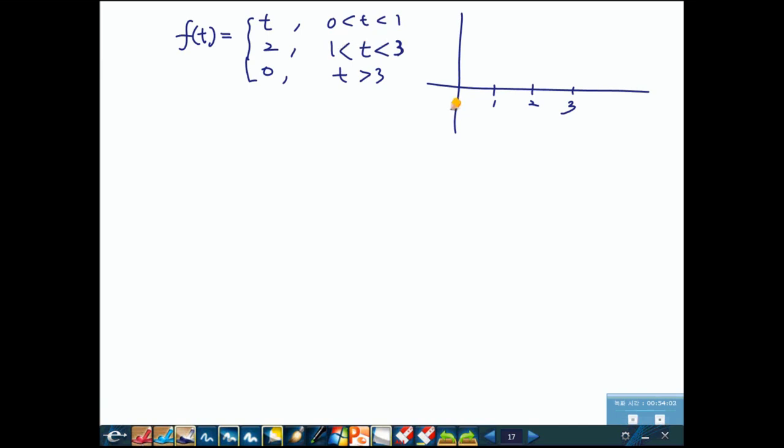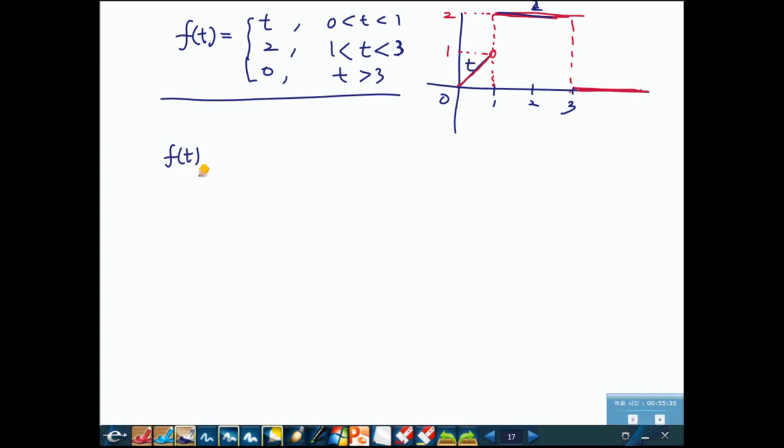So from 0 to 1, that's t. So it's t here. It's 1. Okay? And 1 to 3, it's 2. So it's here. And the rest is 0.